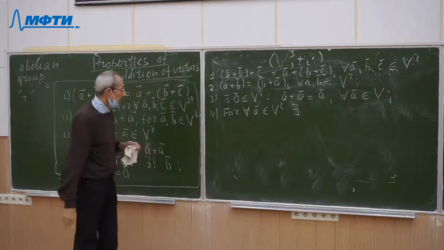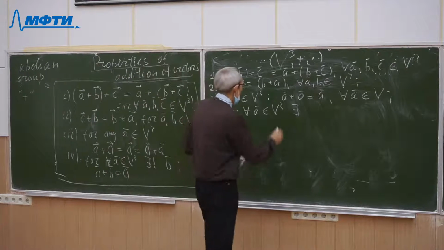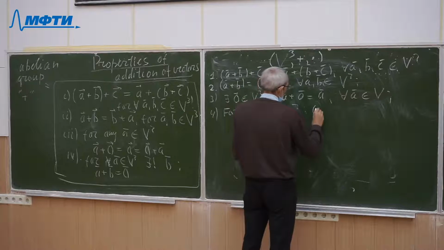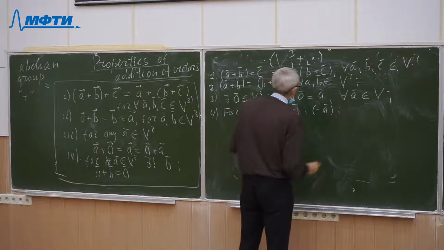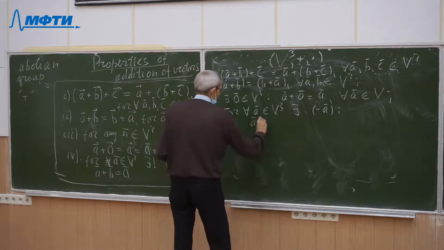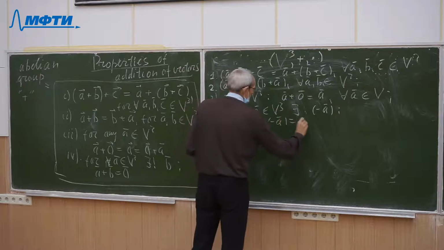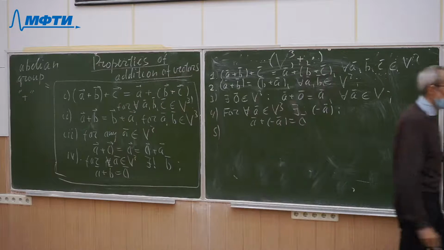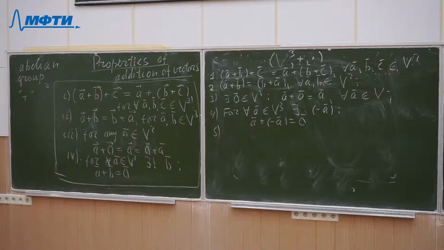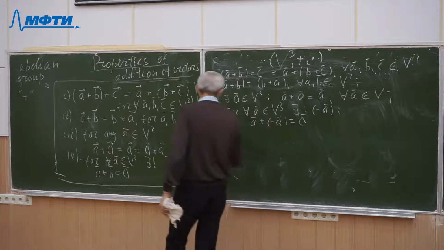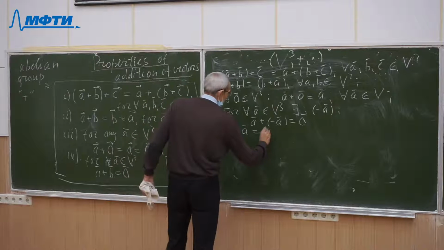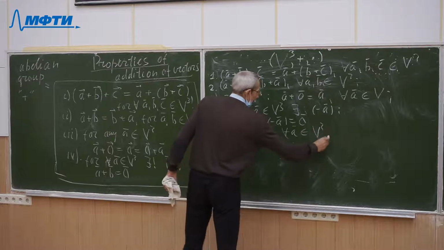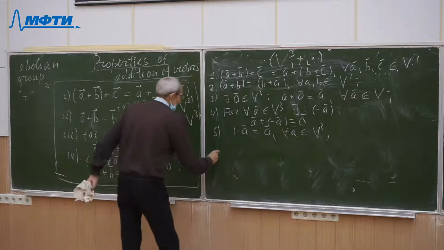For any vector A there exists such a vector minus A that A plus minus A is equal to 0. The fifth property is the first property of scalar product: 1 multiplied by A is equal to A for arbitrary A from the space, vector space.